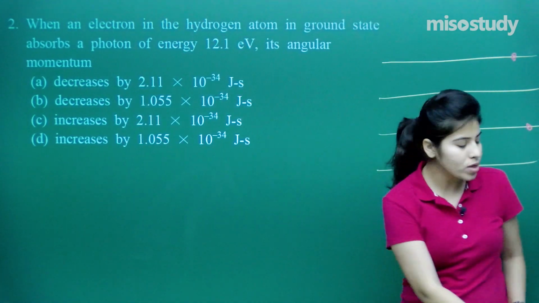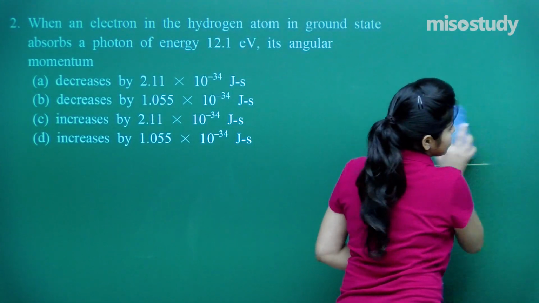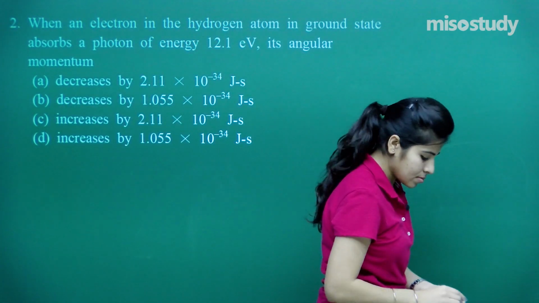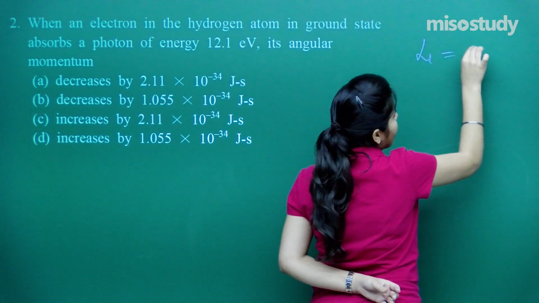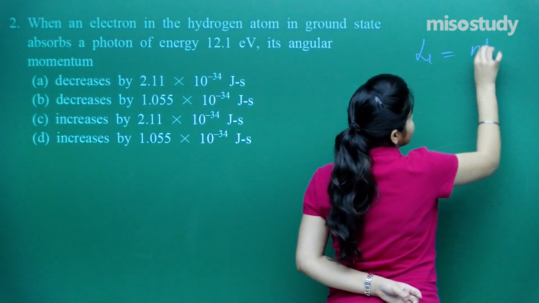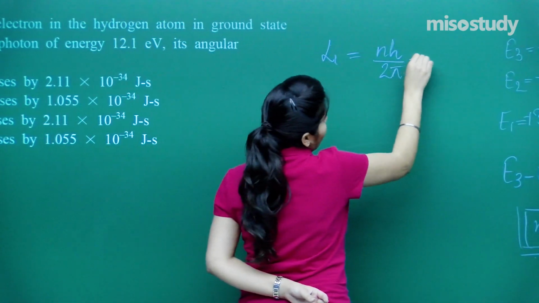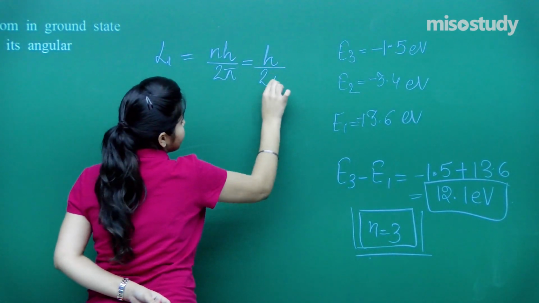Let me start by writing the angular momentum. Earlier, in the ground state, it was nh upon 2 pi, with n equal to 1, so that is h upon 2 pi.